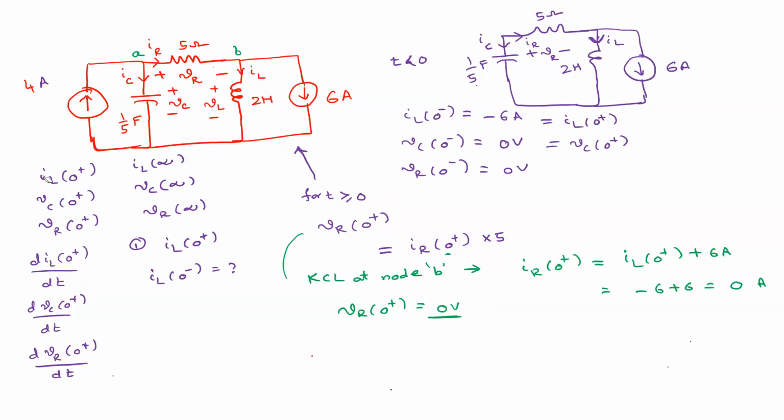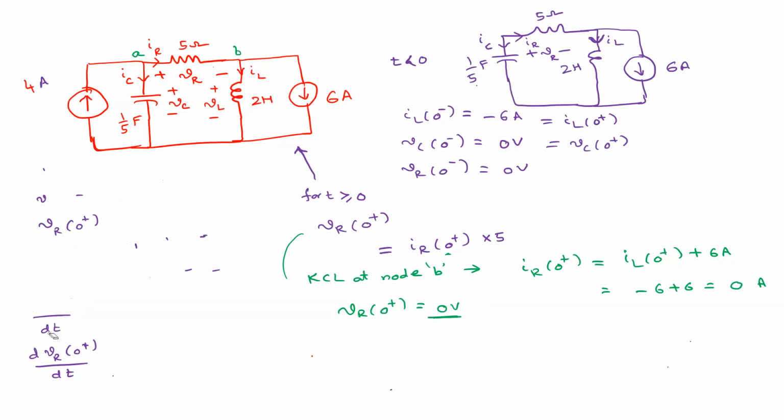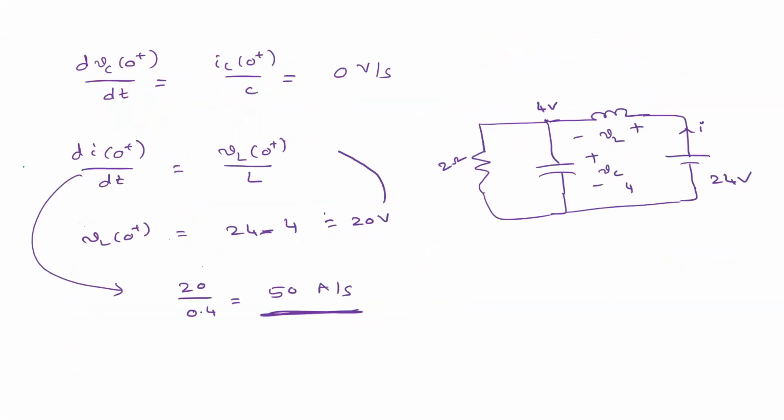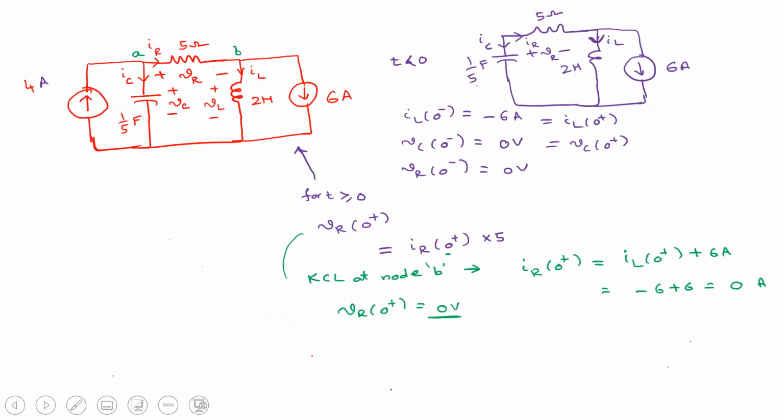Understood. So next, we need to calculate its first derivative at 0 plus instant. So let us calculate dIL of 0 plus by dt.